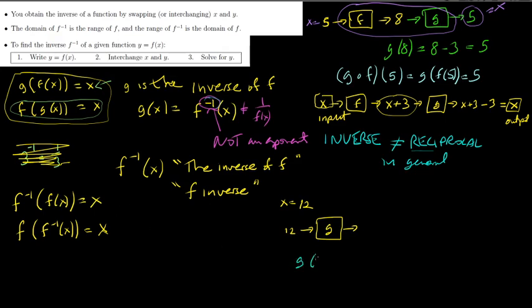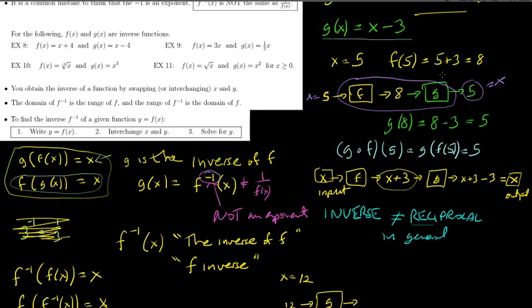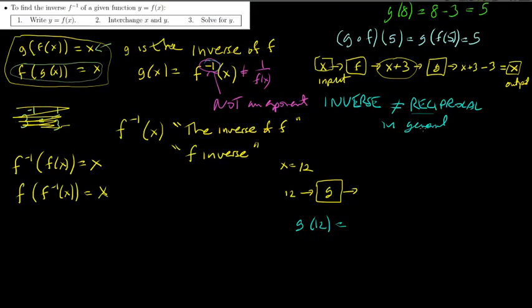What's g of 12? G was x minus 3, way up here. So this will be 12 minus 3, which is 9. So if the input is 12, the output is 9.